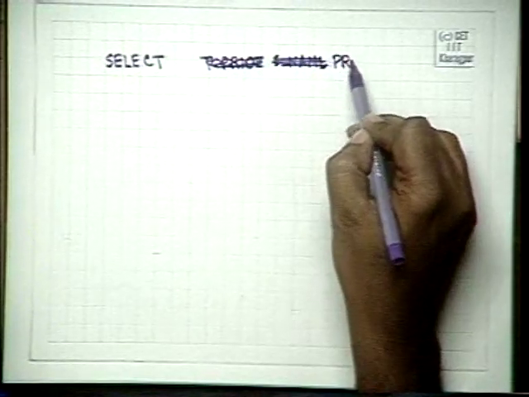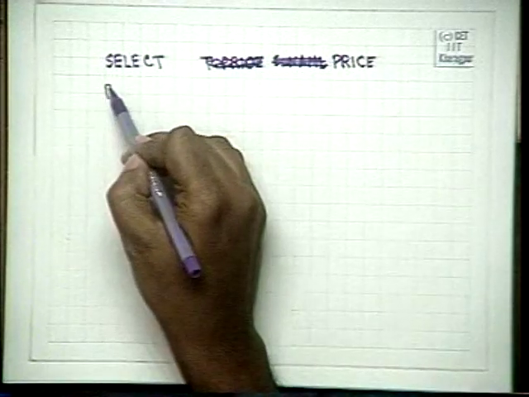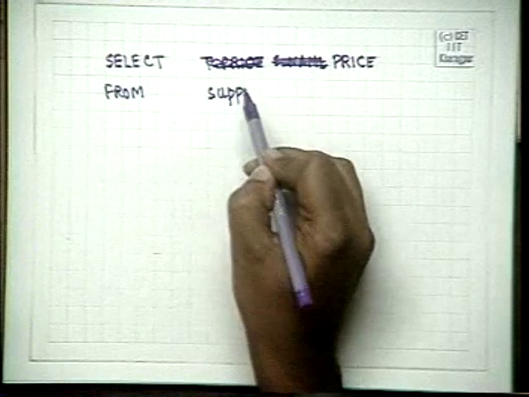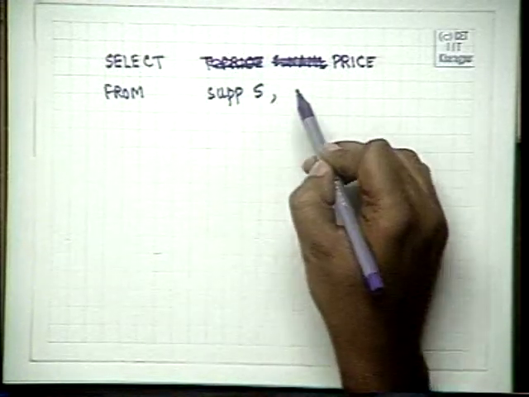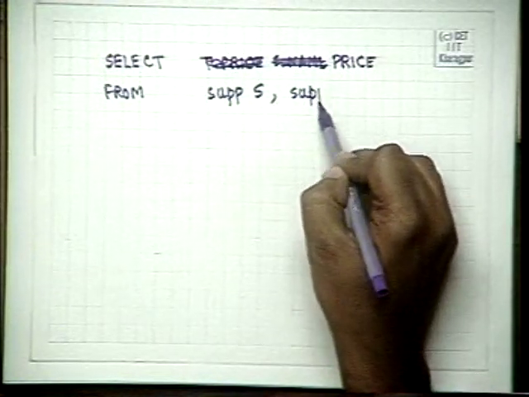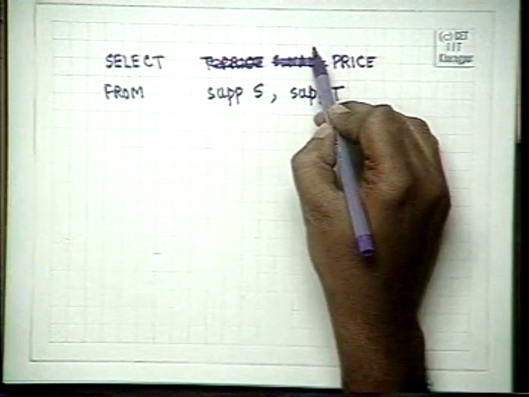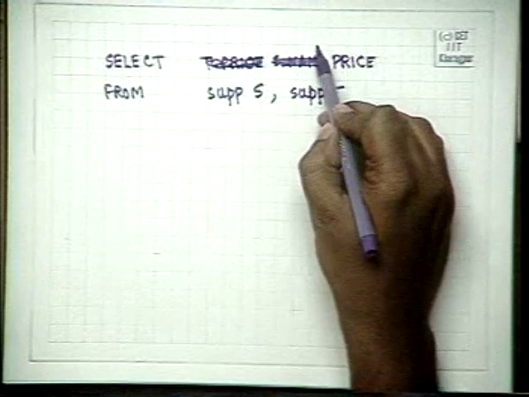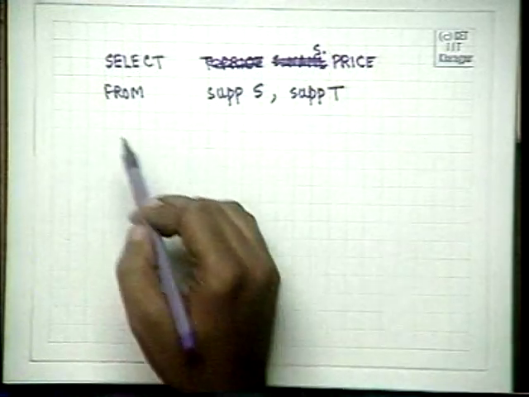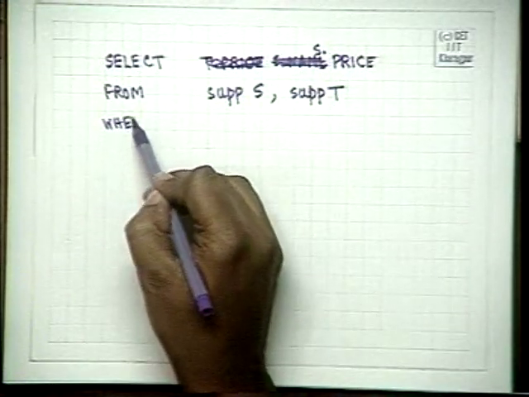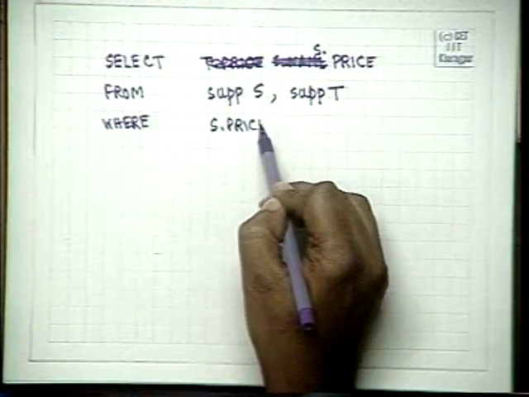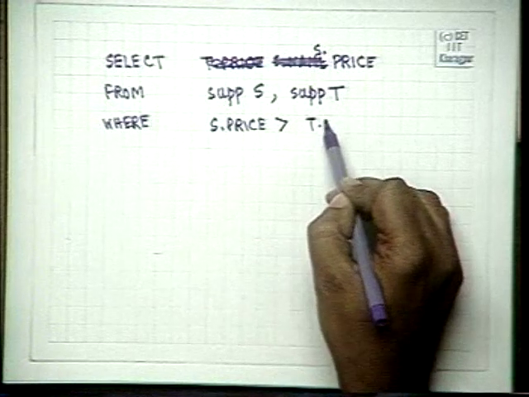Select price from sub S, comma sub T. So here it will be T dot price or S dot price. Sub dot S dot price. Okay, let this be S dot price. Where S dot price greater than T dot price.